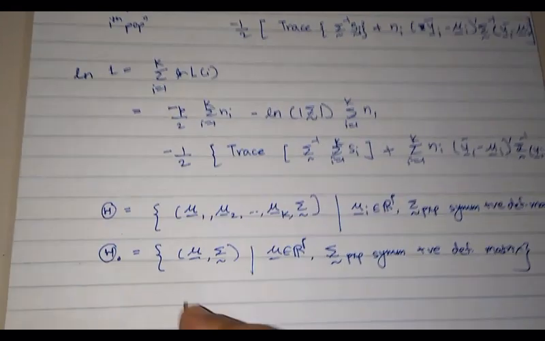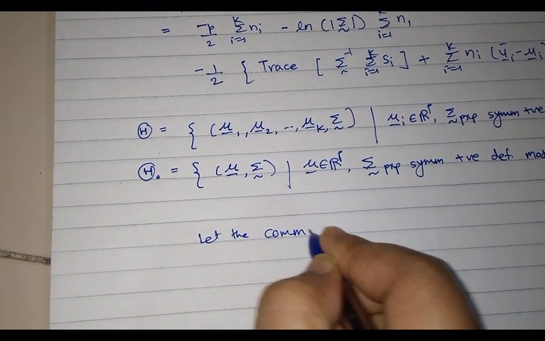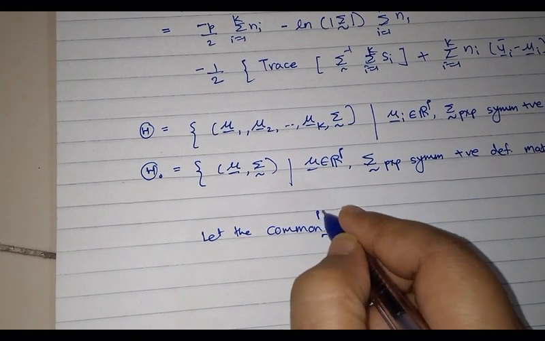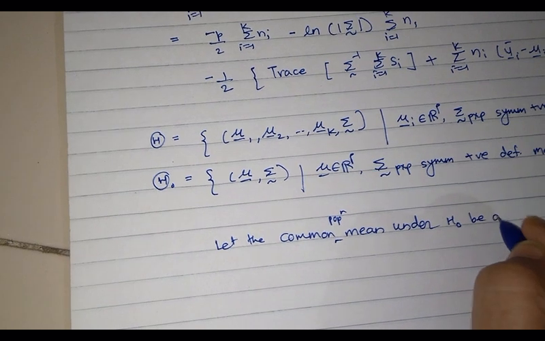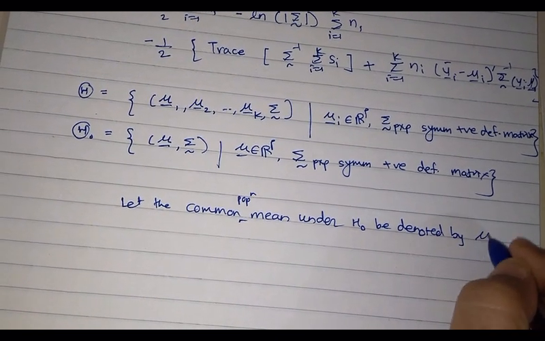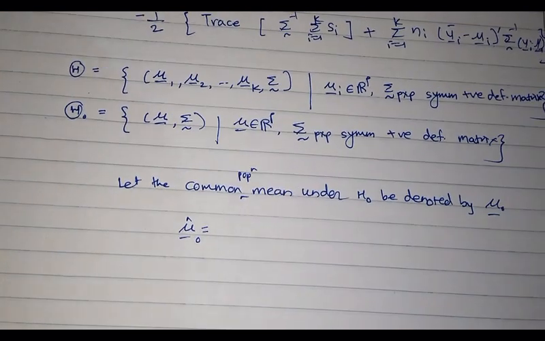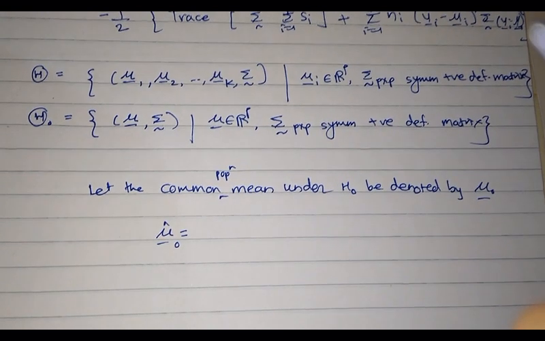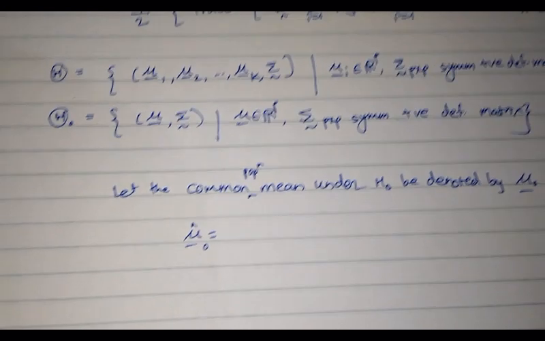So let the common population mean under H0 be denoted by mu naught. Then mu naught hat you need to find, which would be the MLE of mu under H0.